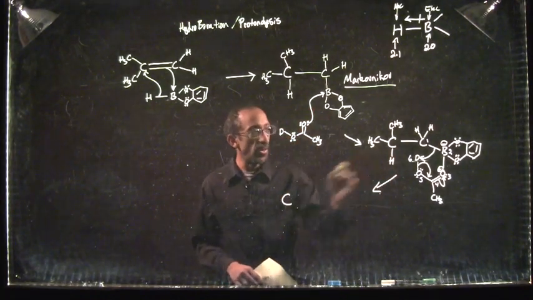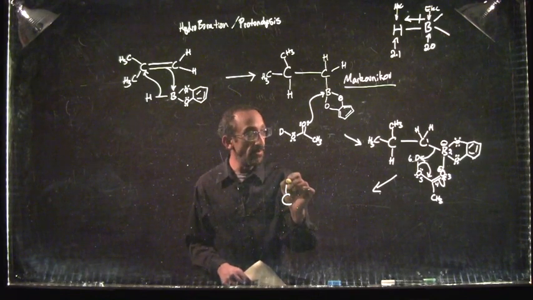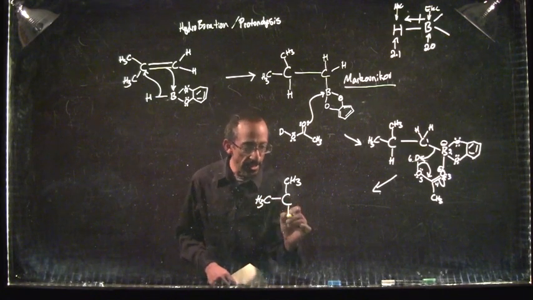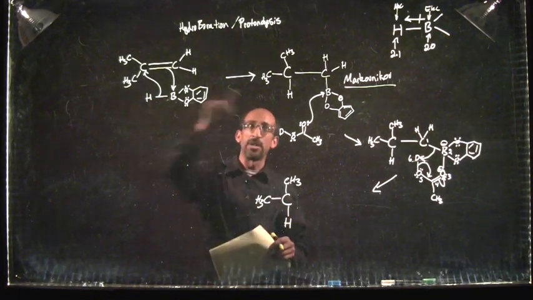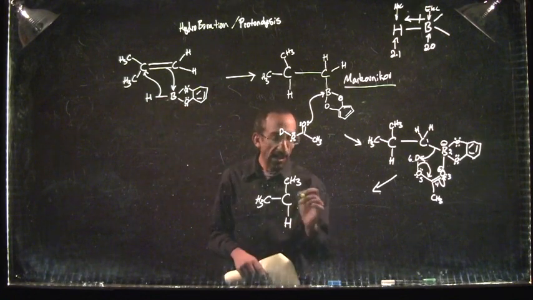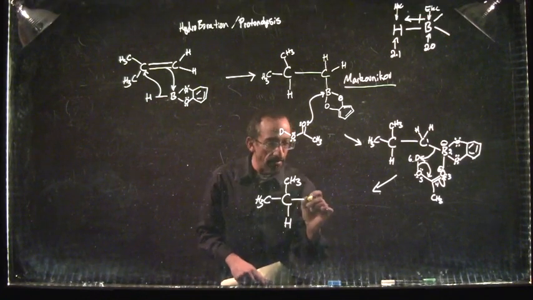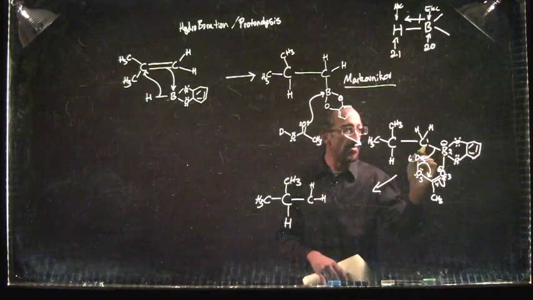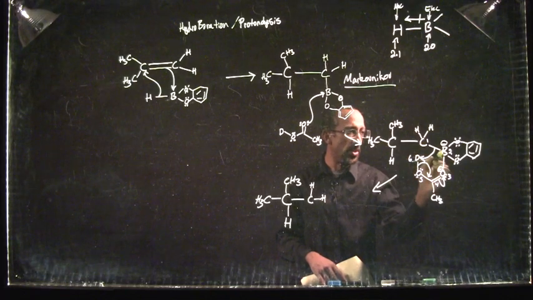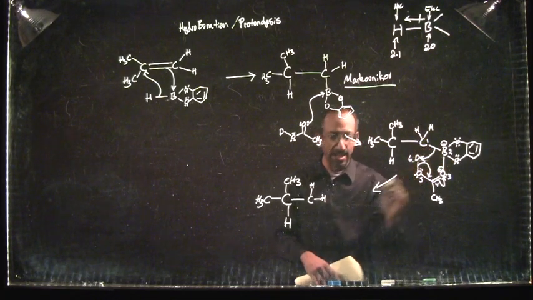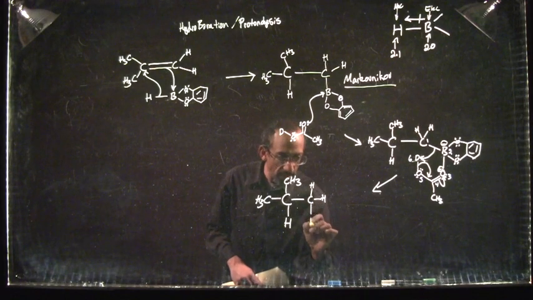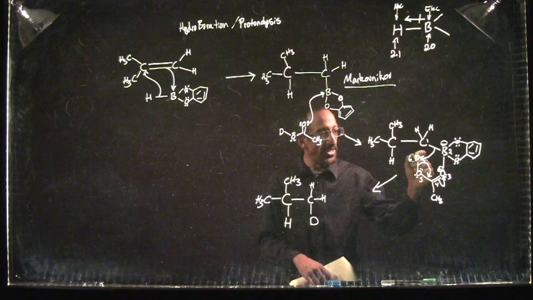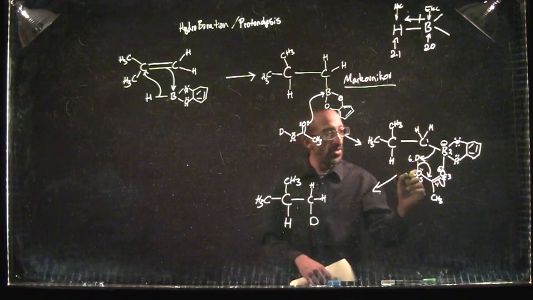So here now I'm just going to start with my alkene carbon there. So there's that CH3, my other CH3. Here is the hydrogen that got added during my hydroboration. I still have my other alkene carbon attached. And let's just follow the arrows. So I break the bond between 1 and 2 and make a bond between 1 and 6. So 6 was my deuterium. So there I've added my deuterium atom. I break the bond between 6 and 5, and I make a bond between 5 and 4.